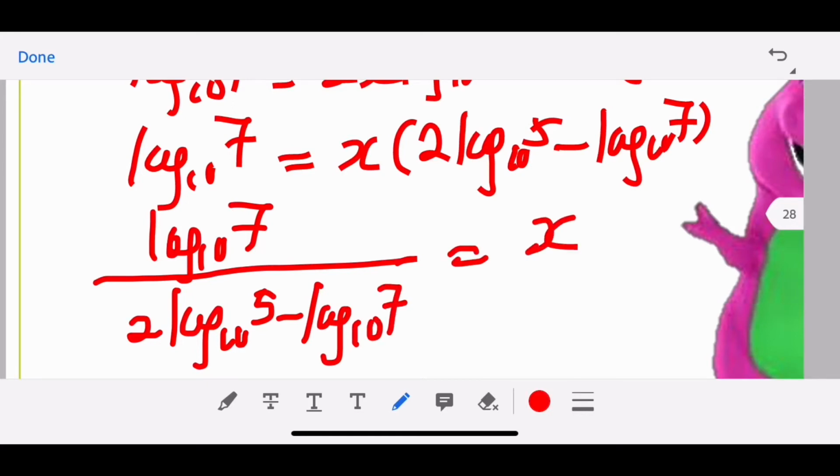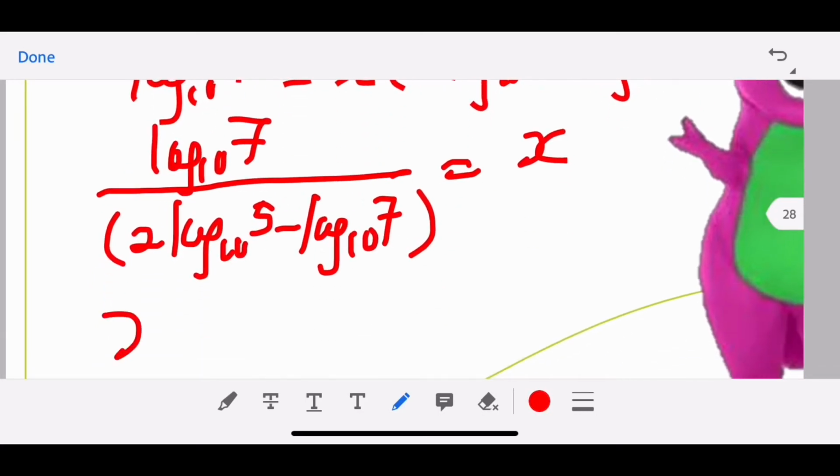Be careful when you press the calculator, and make sure you write your answer in 4 significant figures if there is no instruction given. If there is instruction given, you have to follow the instruction, like just now, it must be 3 decimal places. So for this one, after you press the calculator, you just write your answer in 4 significant figures.